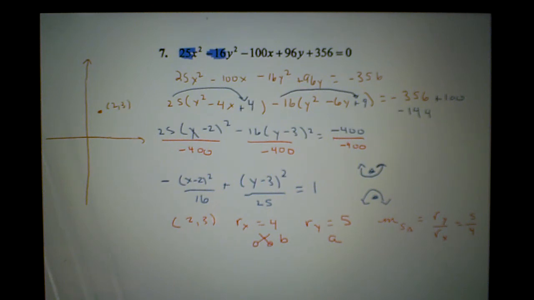I am going to radiate in the x direction 4 units, 4 units left and 4 units right. I'm not going to bother to label those because remember, that's my cut. Those are cut. They don't have to be labeled. But I am going to radiate 5 units up, and I'm going to land at 2, 8.